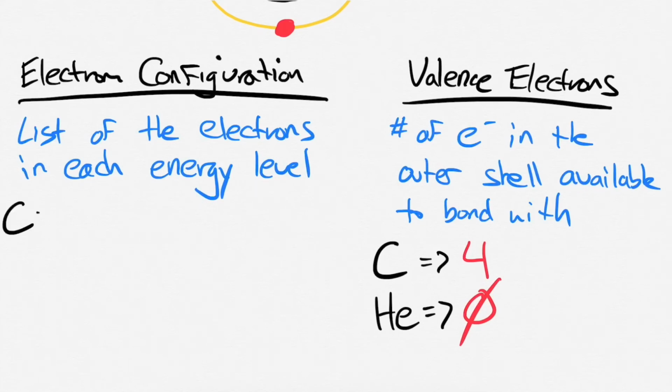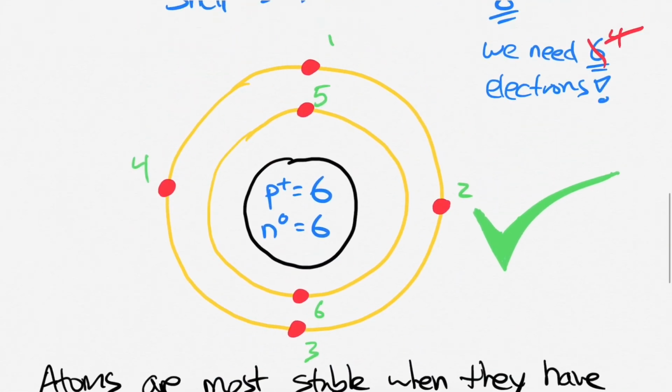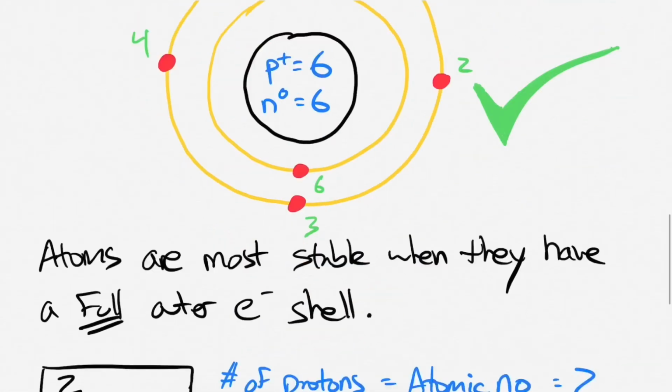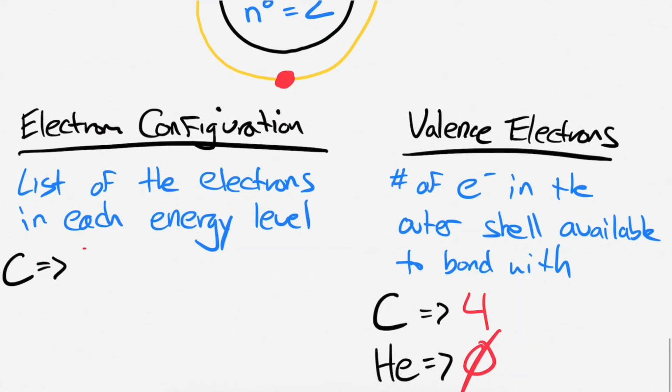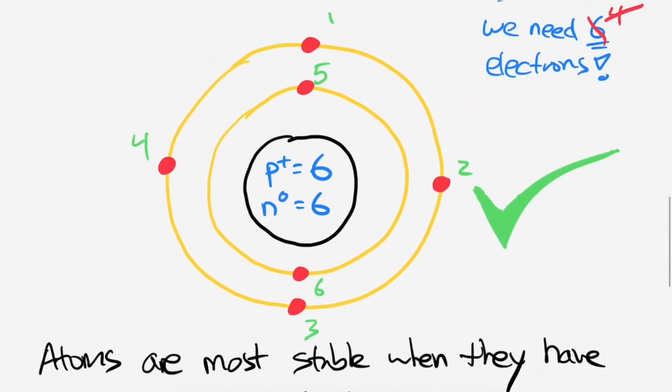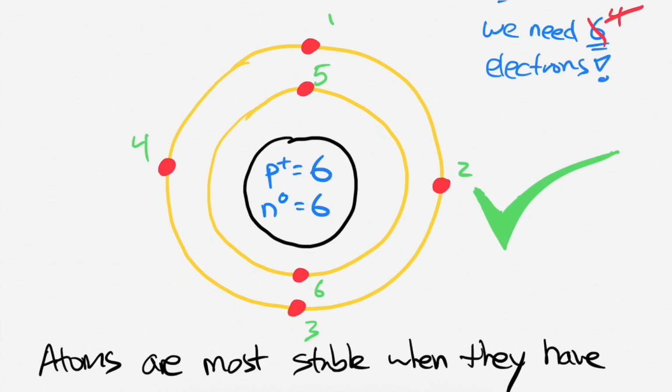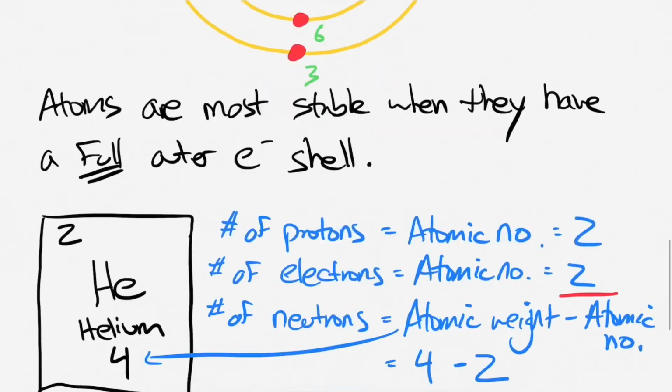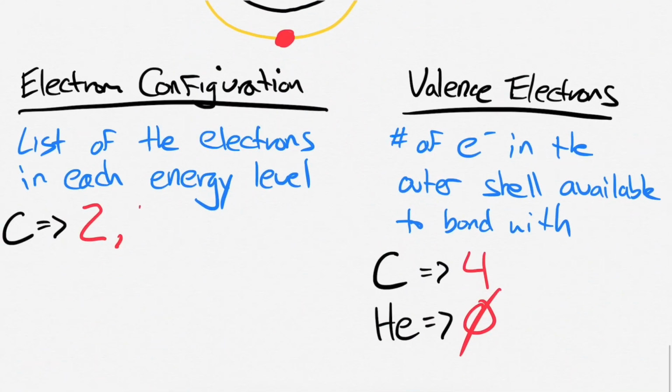So let's do carbon again here. The number of electrons in the first energy shell for carbon was 1, 2. So we're going to draw the number 2 and put a comma. The number of electrons in the second shell is the same as the number of valence electrons. So it's going to be 1, 2, 3, 4. 2, 4.